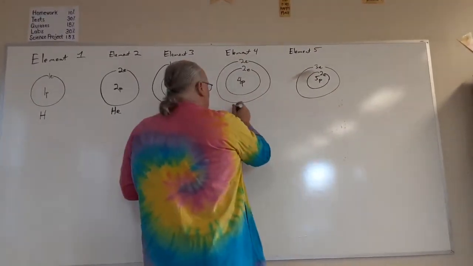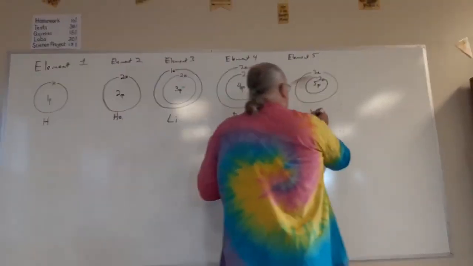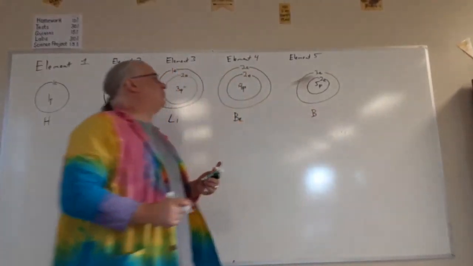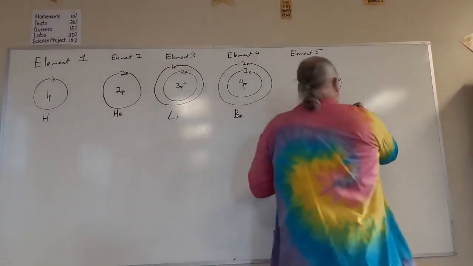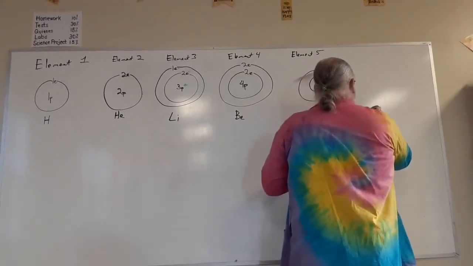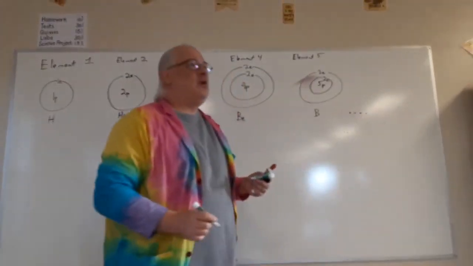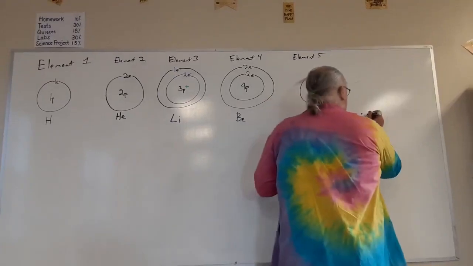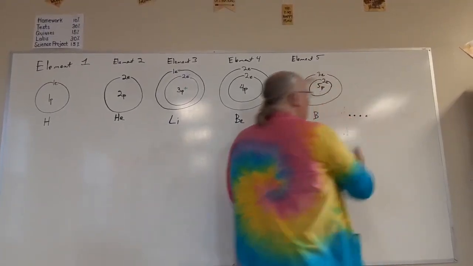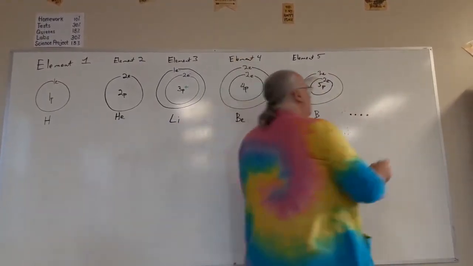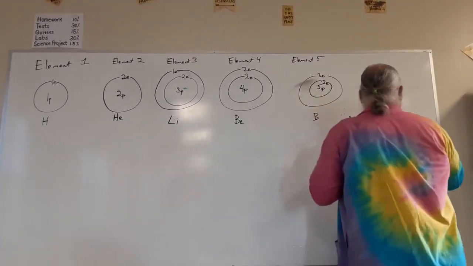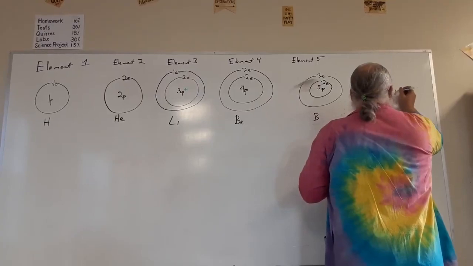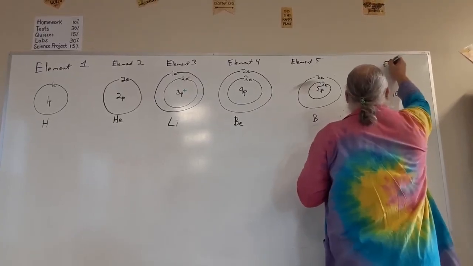Oops, I forgot to put down Be for beryllium, B for boron. And if we kept going, we could just keep going with this little pattern. These little dots here are going to show that I'm skipping. If we got all the way to the end of the row, let's do number 10, neon.